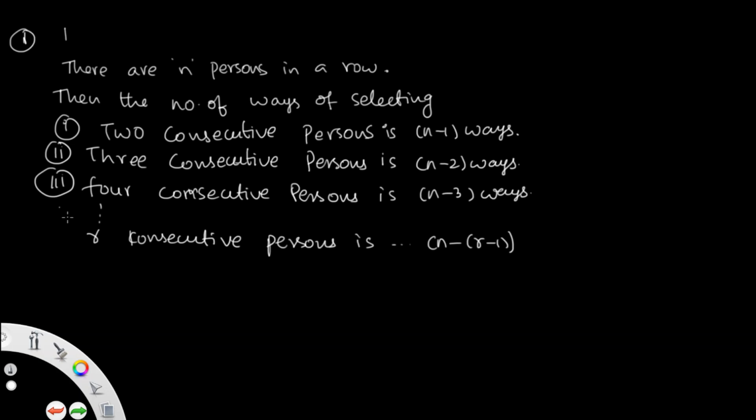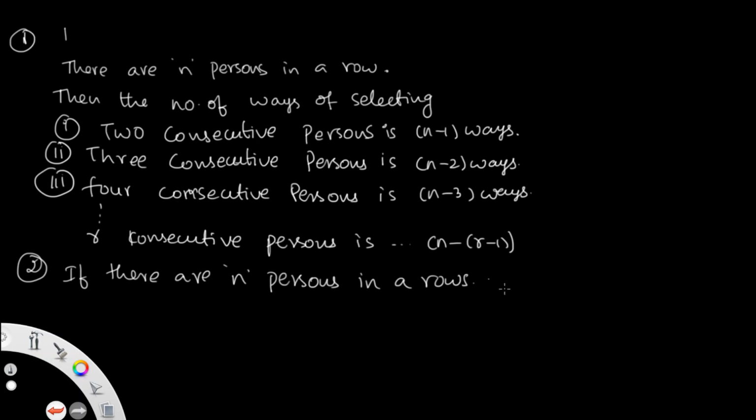Similarly, second formula. If there are n persons in a row, then for the next person to sit in, how many ways?